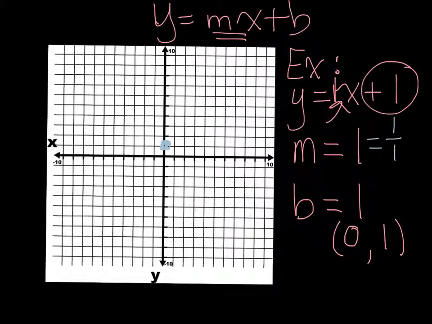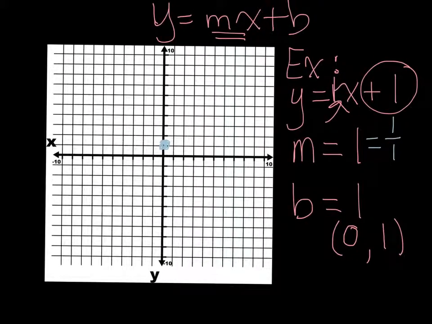Let me show you my thought process here. Okay, so I'm going to rise 1. Rise 1, run 1. Okay? And my point's going to go right there. The pattern could also go the other way. So I could also go down 1, over 1. And this pattern continues infinitely.